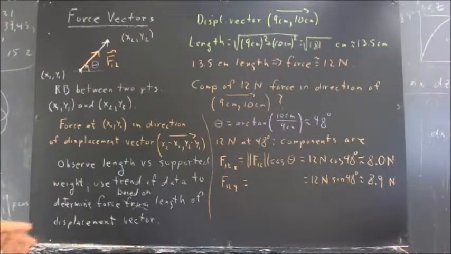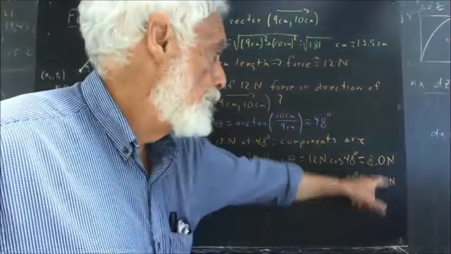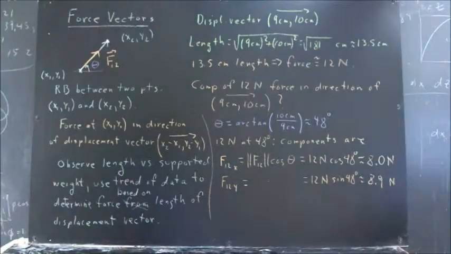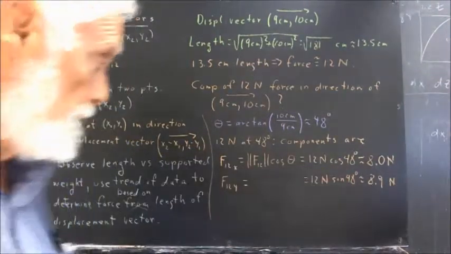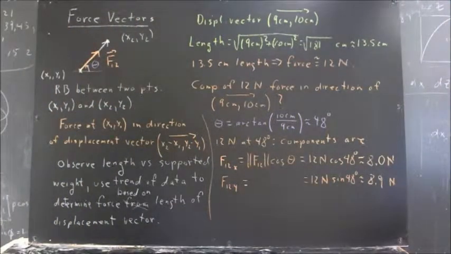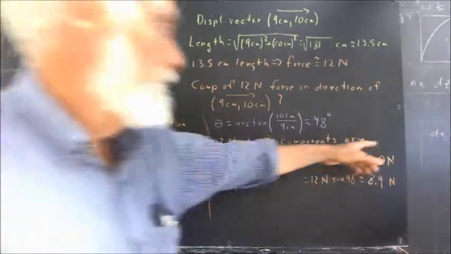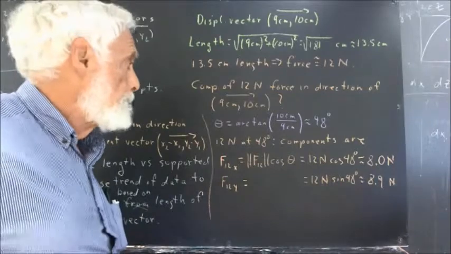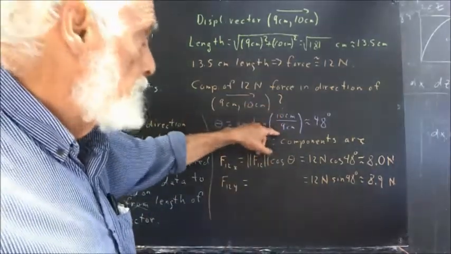Well, okay, we get 8.0 newtons and 8.9 instead of 8.1 and 8.9. I was doing a mental approximation and just was off a little bit there. The approximation I did, incidentally, was just based on the ratios of sides of a triangle.